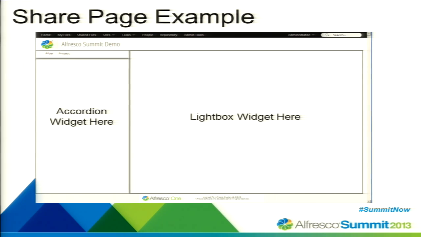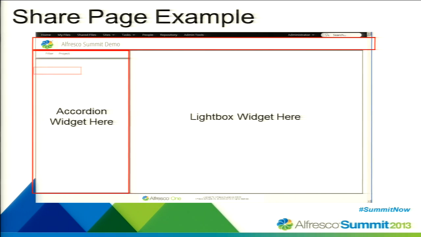I've got a filter area up there that has a couple of menus. And then I've got a couple of spaces for widgets that I'll need to build that are not part of the current widget library. So I was going to put an accordion in. If you're familiar with user interface design, accordions are open and close type of menu things. And then maybe a lightbox to show the photographs as well.